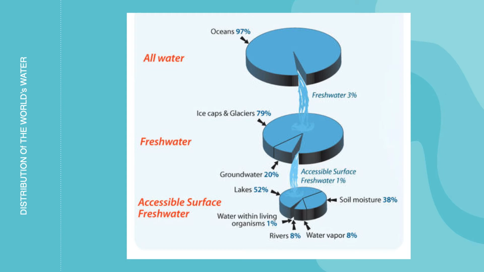The surface water is found in lakes, rivers, soil moisture within living things, and water vapor. Do we have any freshwater lakes or rivers here in the Bahamas? No. We will talk further about Bahamian sources of fresh water in the upcoming lessons. So we can summarize that fresh water is a limited resource, especially in comparison to salt water.